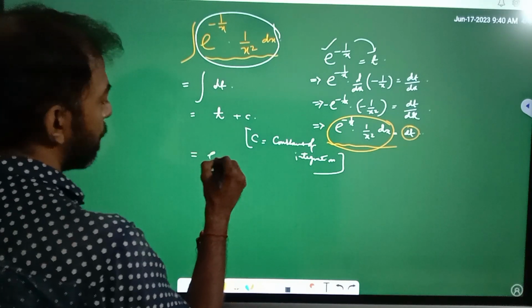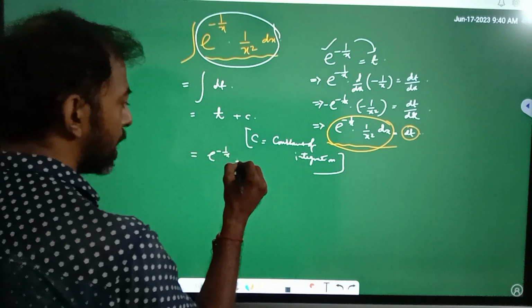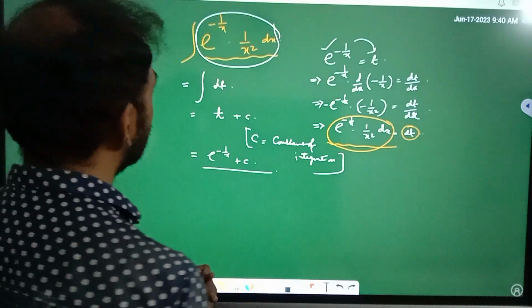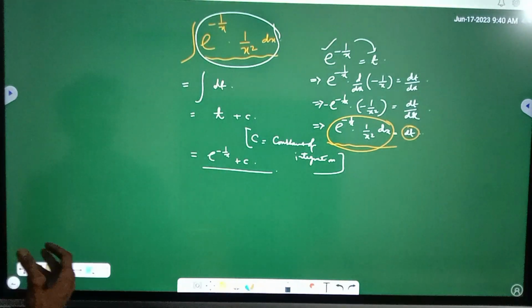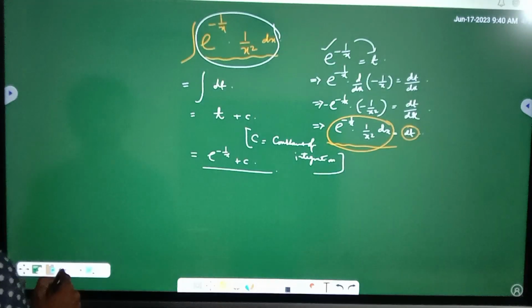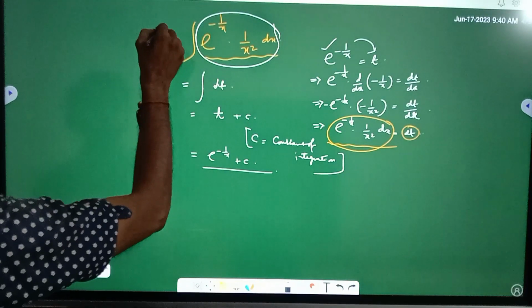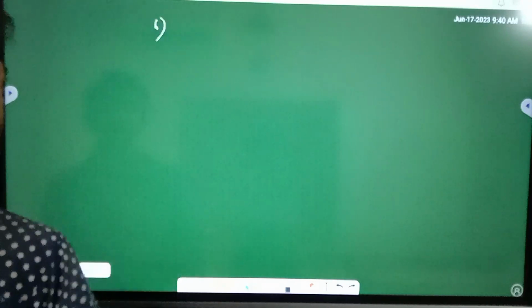So the value of t is e power minus 1 by x, plus c. That's it. This problem is solved. That was our fifth problem, and we are going to discuss number 6.